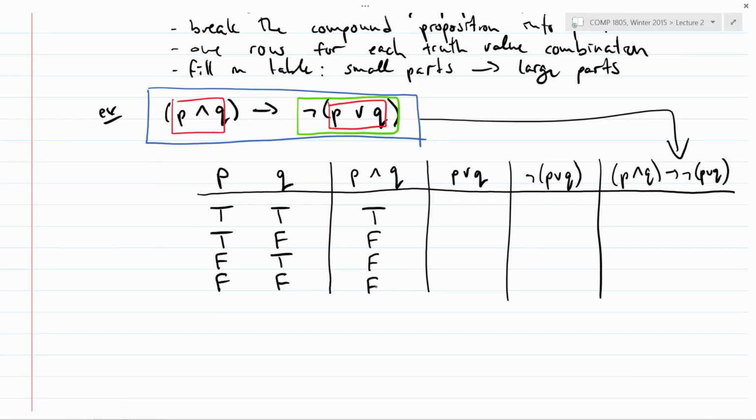Now we move to the next column, P or Q. Well, if P and Q are both true, P or Q is true. If P is true and Q is false, P or Q is true. If P is false and Q is true, then P or Q is true. But if they're both false, then P or Q is false.